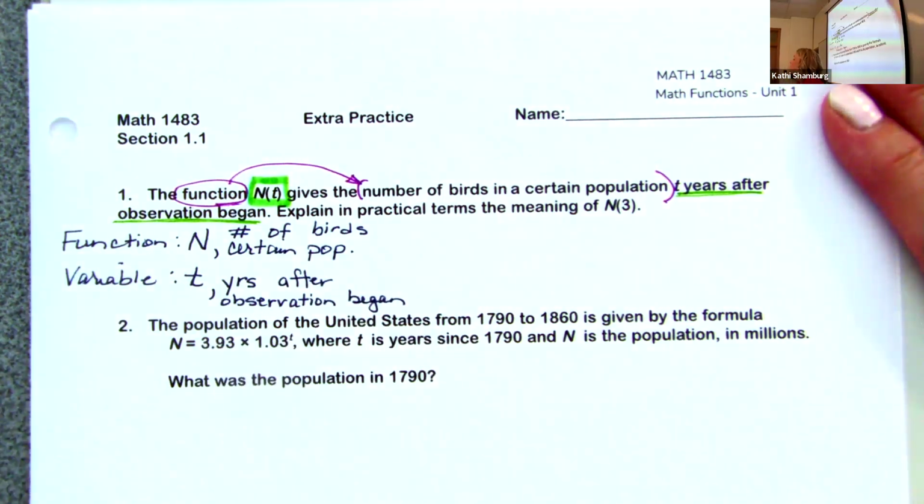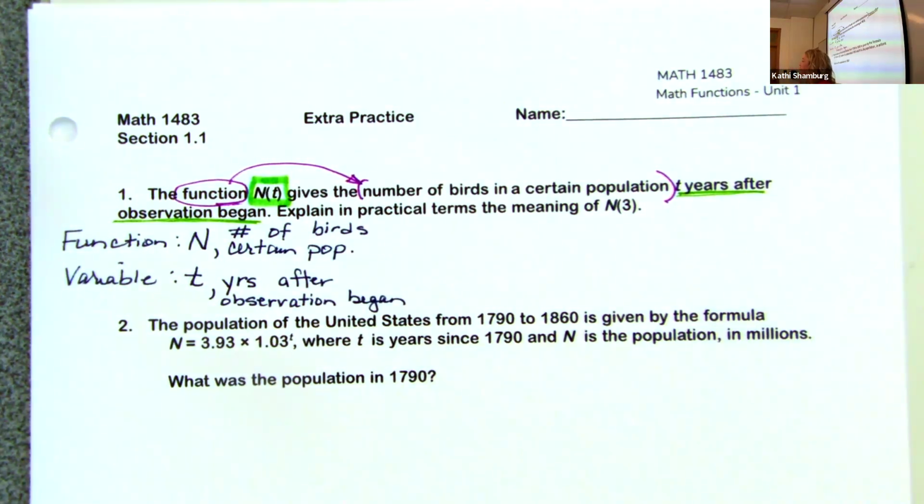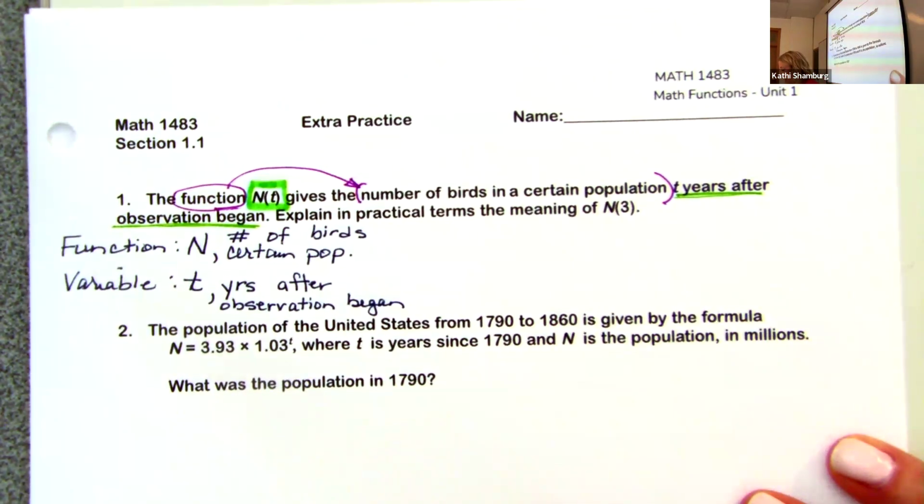I had a student in my 9:30 class ask, could I put population of birds? Yes, it means the same thing. Even if you just put number of birds and left off that other part, I'd be okay with that. Just so we know that we're talking about number of birds and we're talking about years. Now, is it years since a certain date? No, but years since observation began. All right, so we've done all our defining.